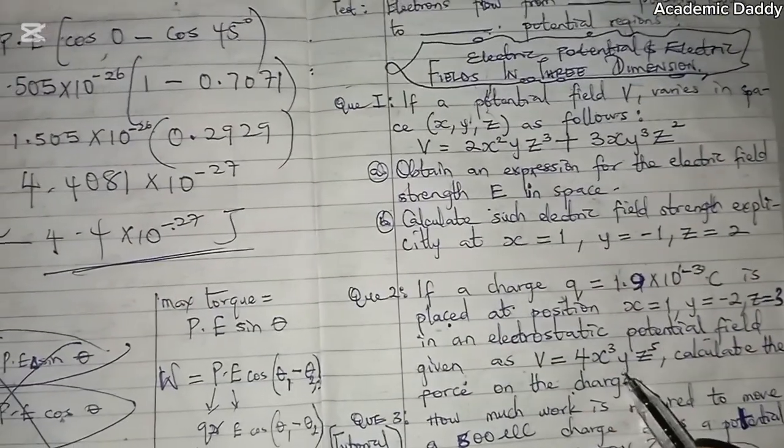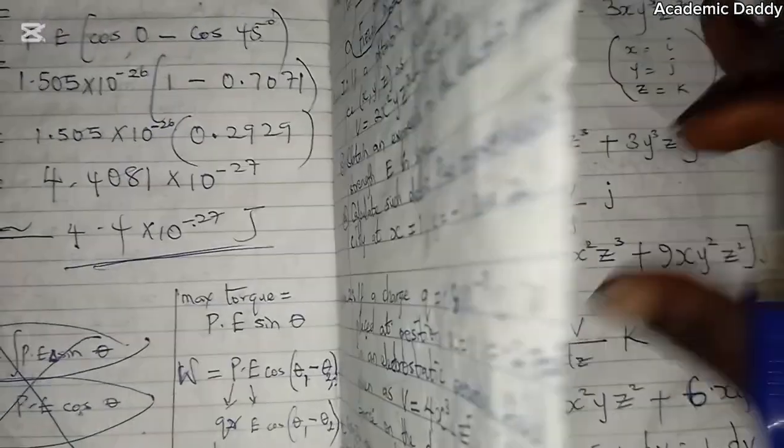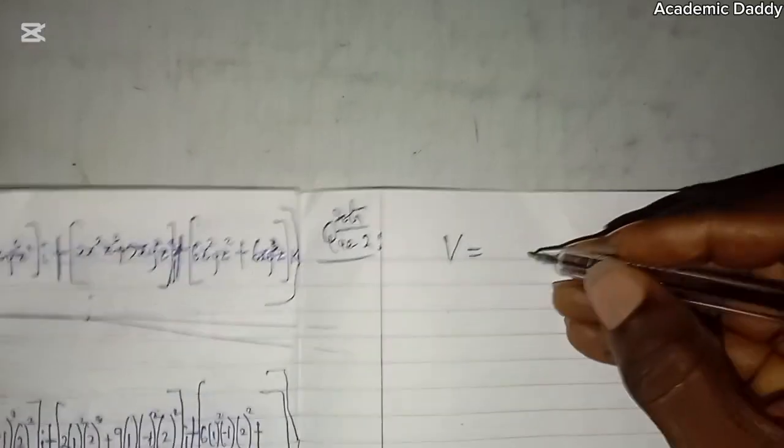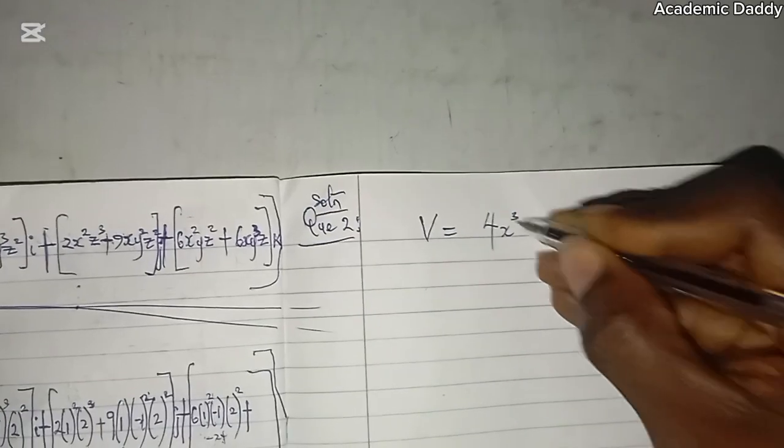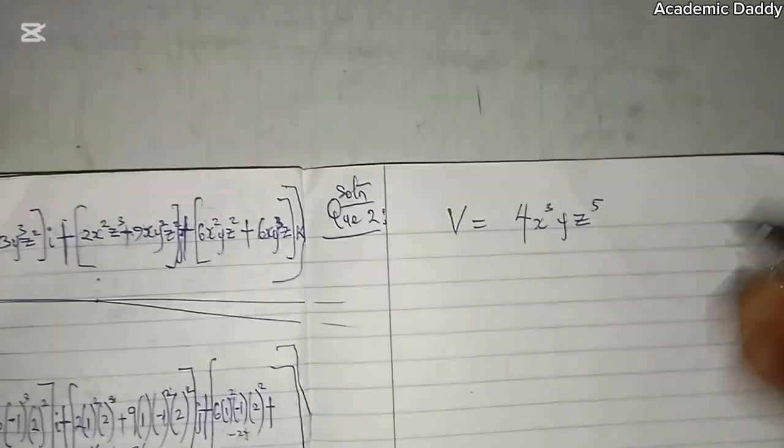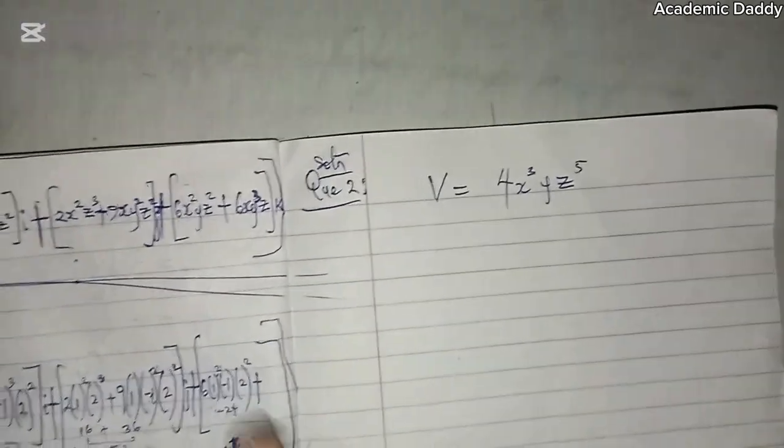They gave me V to be equal to 4x cubed yz raised to power 5. This is the important thing I'm looking for. I can remember they said I should find the force.